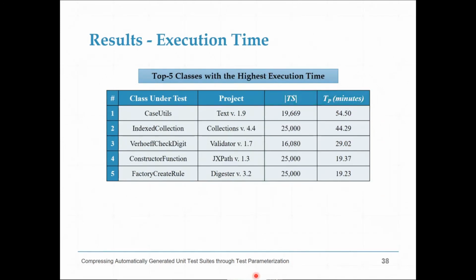In contrast with the previous slide, here you can see the top 5 classes with the highest execution time. For example, case utils as a class under test takes 54.50 minutes, and it is because of its number of test cases.